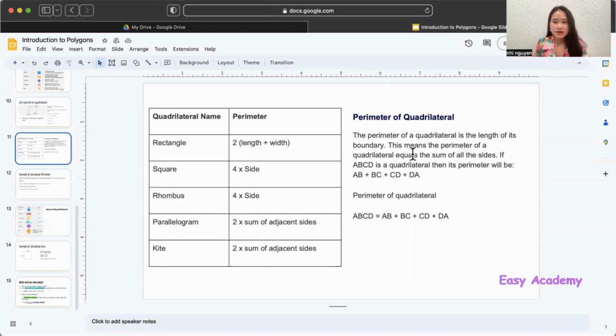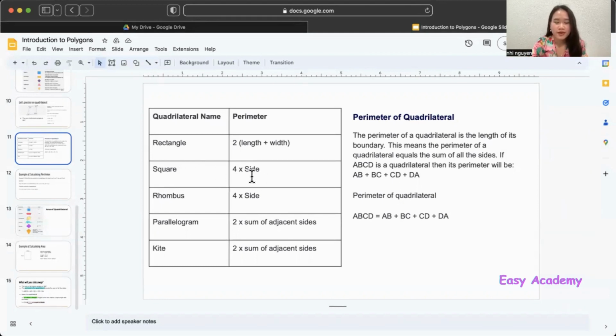On the left side is a table that has all the formulas to calculate the perimeter of regular quadrilaterals. For example, the perimeter of a rectangle is 2 times the sum of length and width.